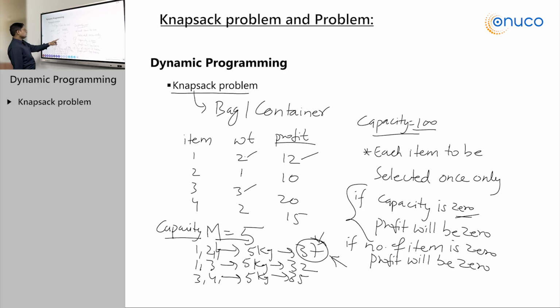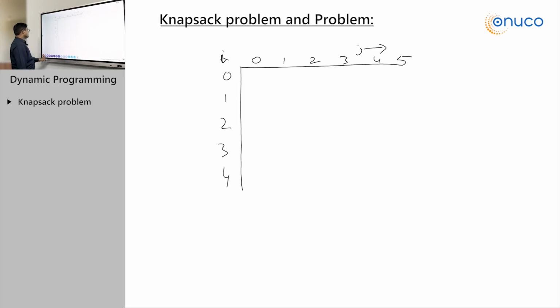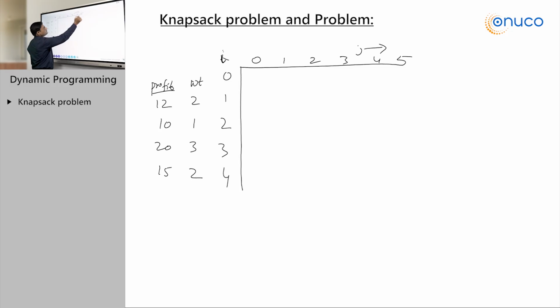So the input was weights 2, 1, 3, 2 and profits 12, 10, 20, 15. So the first item's weight was 2 kg, then 1 kg, 3, 2, and their corresponding profits were 12, 10, 20, 15. Now, as I said, friend, if the number of items is 0, then profit will be 0. So this is the profit table.